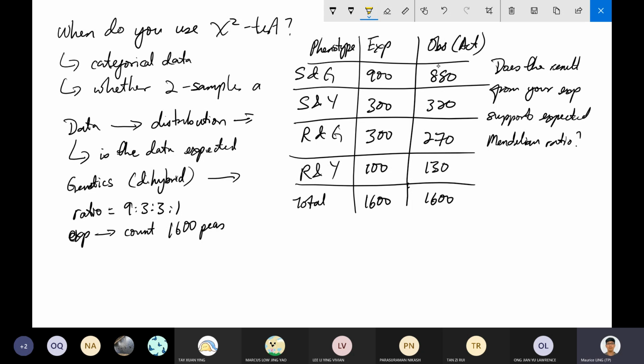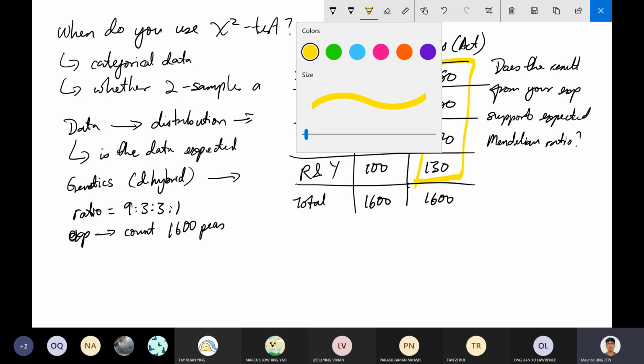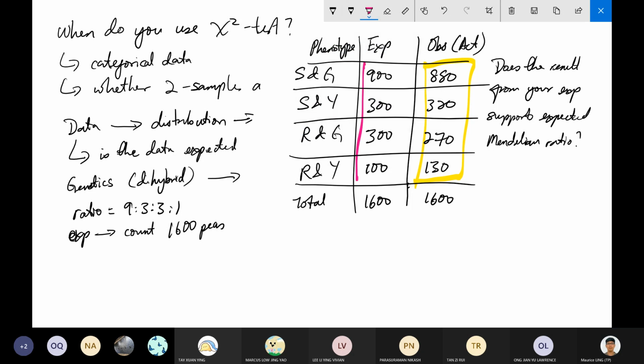Which means, does what you actually count support this? Do these two support each other? That is what you're trying to do. That is actually what the chi-square test is about.